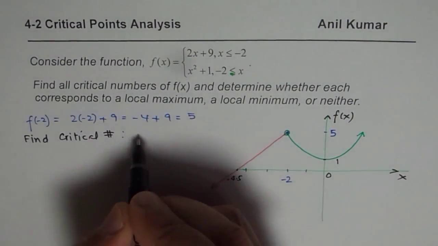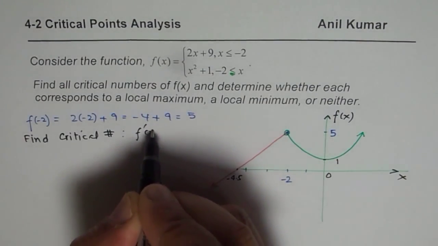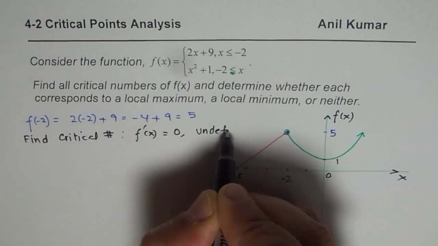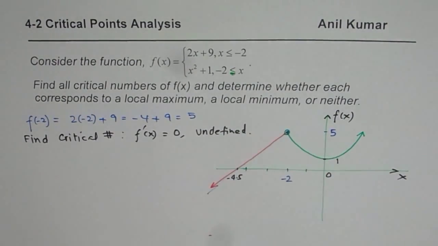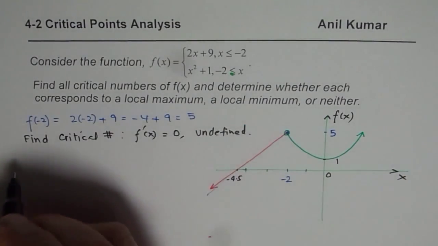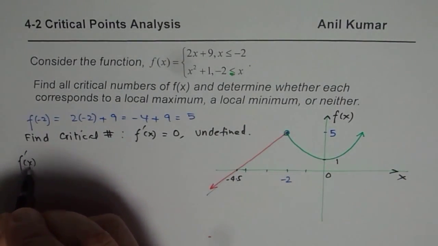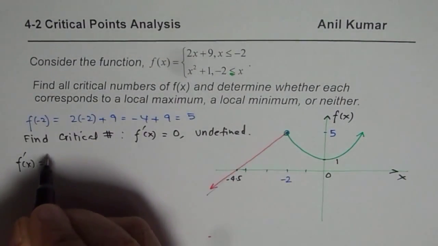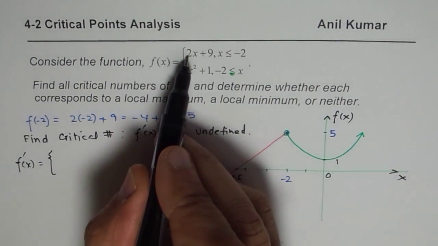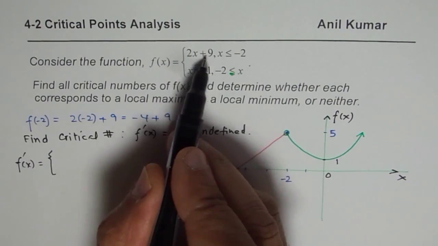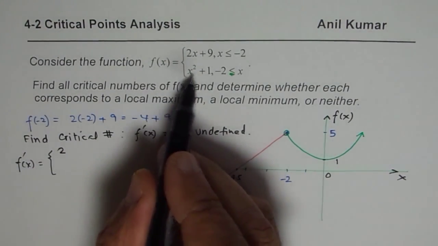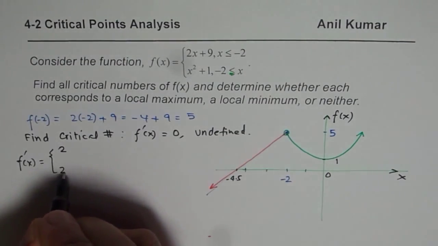At a critical number, the derivative of the function is either 0 or undefined. So that is the critical number. To find it, let's begin by finding the derivative of this piecewise function. The derivative of 2x plus 9 will be just the number 2, and for the other part, it will be 2x.